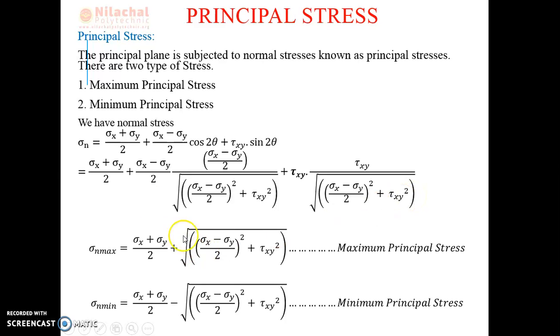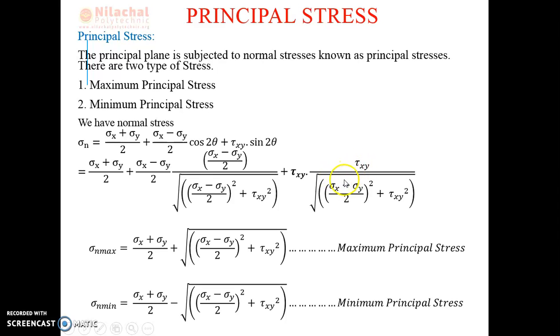Now you can see this is (sigma x minus sigma y)/2 and this is (sigma x minus sigma y)/2, so it will be ((sigma x minus sigma y)/2) whole square plus tau xy square, since this is tau xy into tau xy, tau xy square. Now you are getting the formula as ((sigma x minus sigma y)/2) whole square plus tau xy square.